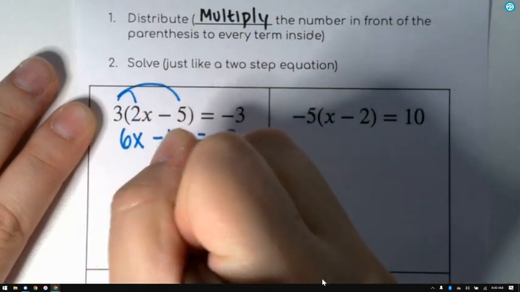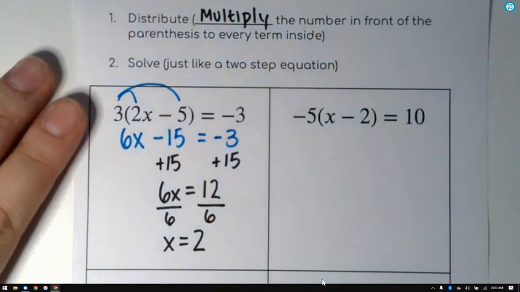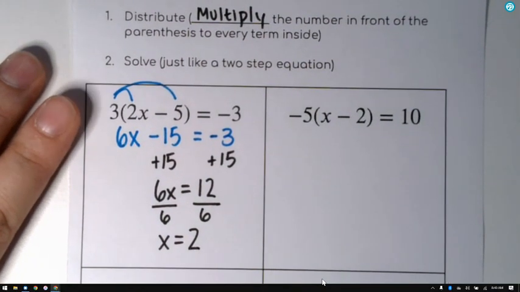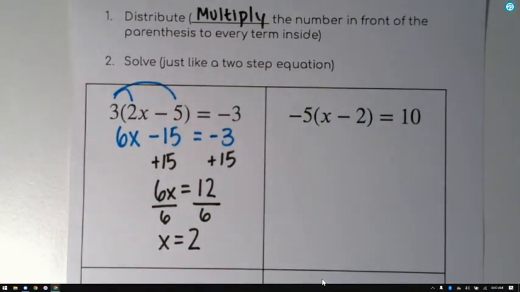And we will get x equals 2. Okay. Any questions on that first one?